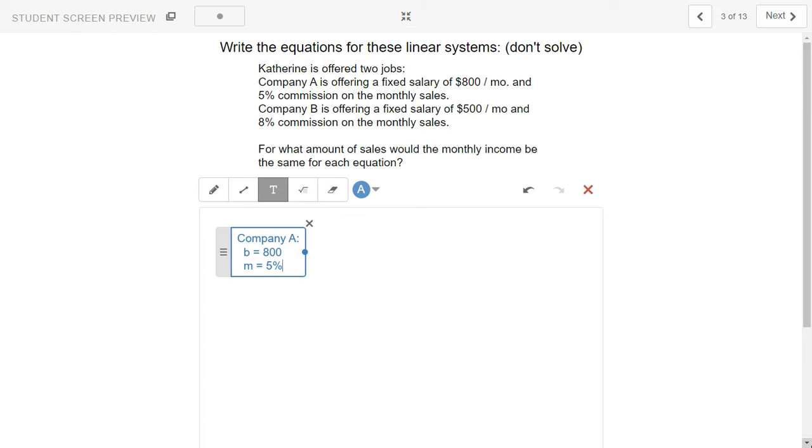If I'm using 5% in math, I need to make this a number that's divided by 100. So 5% is equal to 0.05. Now, my equation based on this piece of information, we have y is equal to 0.05x plus 800.